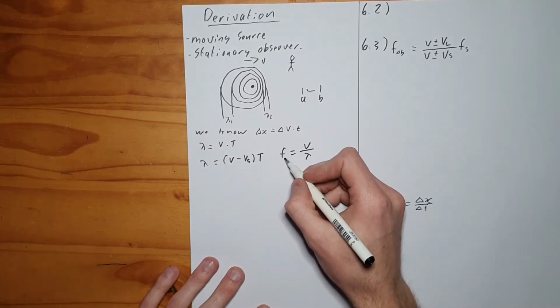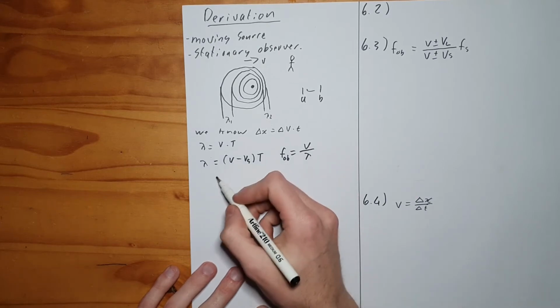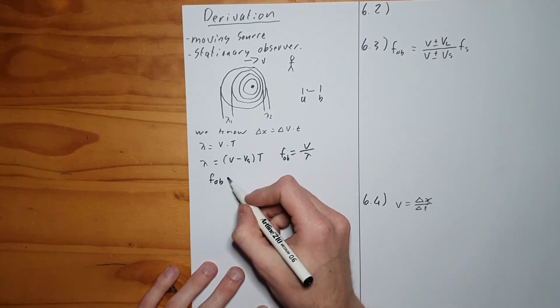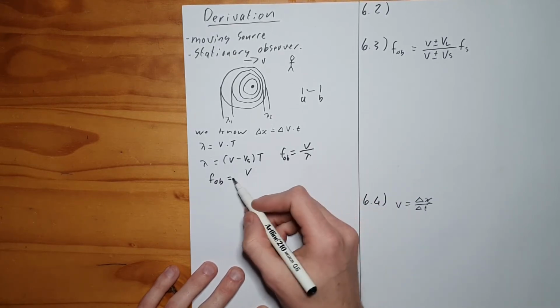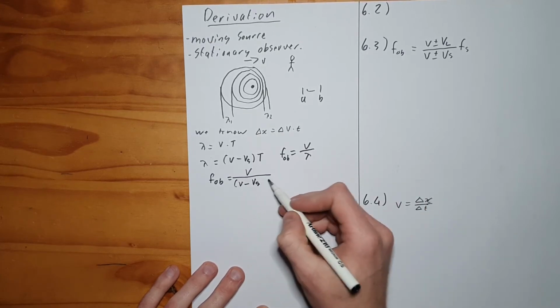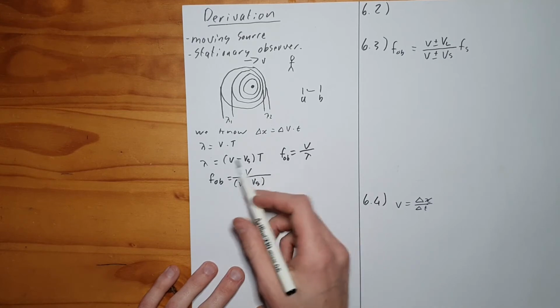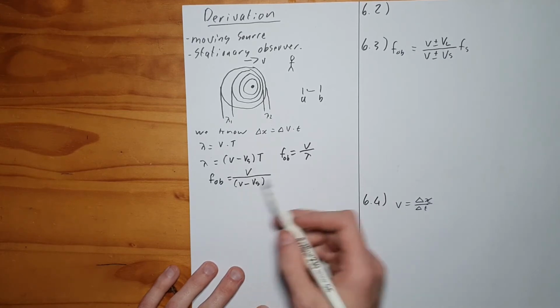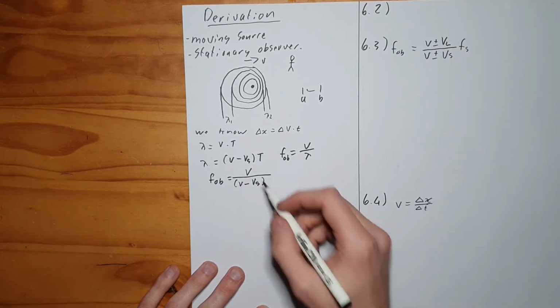So the frequency of the observer is going to be the velocity over v minus v of the source, times the period. In this case the change in velocity is from the air and from the speed of the source.